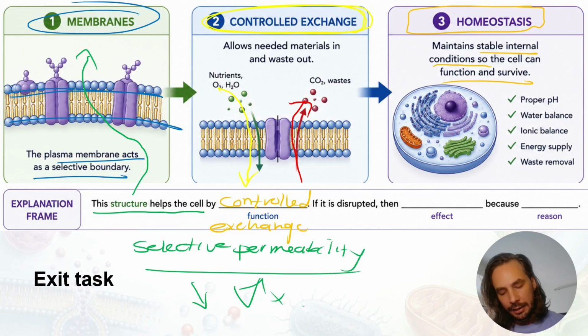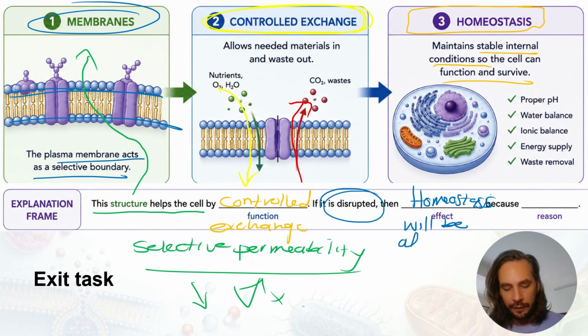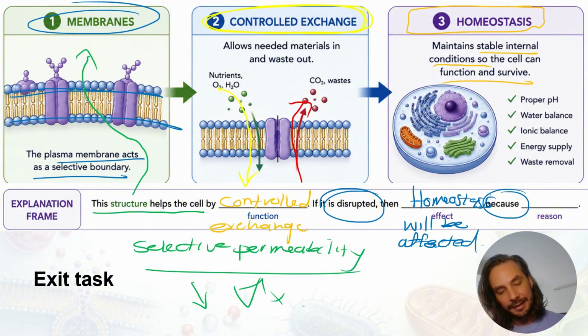And then finally, it does this to maintain homeostasis. So if it is disrupted, then homeostasis will be affected, because the reason is because it is a selective boundary. A selective boundary or selective membrane.